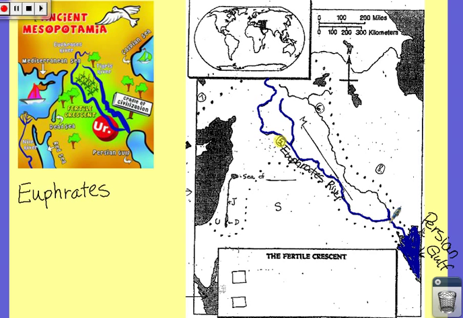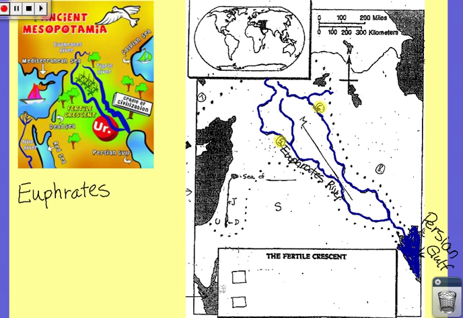Alright, then take your blue again and we're going to trace the other river that is more north. It's kind of on top. Oh, I went the wrong way. Alright, this one is what is supposed to be number 6 right here.